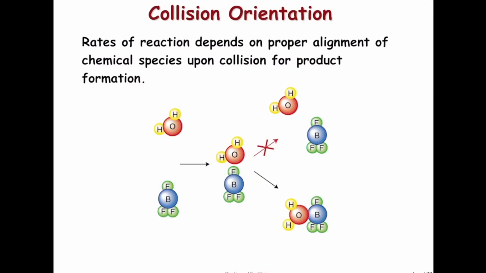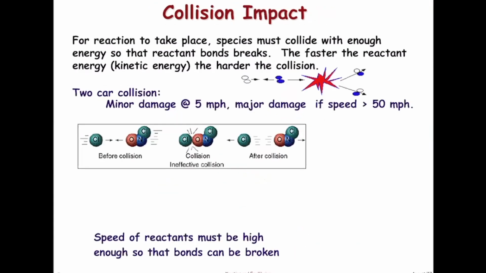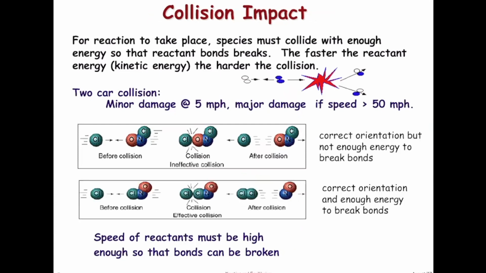We say there's a certain statistic, based on what we know, that certain chemicals are going to combine and form products. So that's called the steric factor. And then of course the impact. They have to hit with enough energy so that they can break bonds and form the right ones. So these are all factors that lead to chemical change.